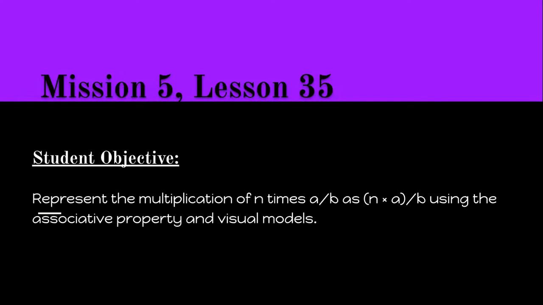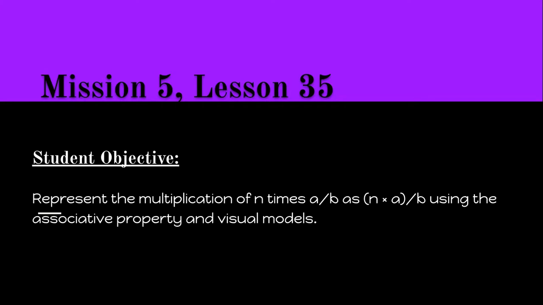And our student objective is to represent the multiplication of n times ab as n times a over b using the associative property and visual models. Wow, that sounds like a lot going on there, and that's kind of a tongue twister to say.